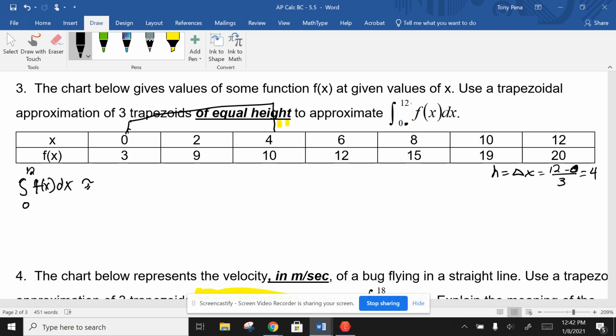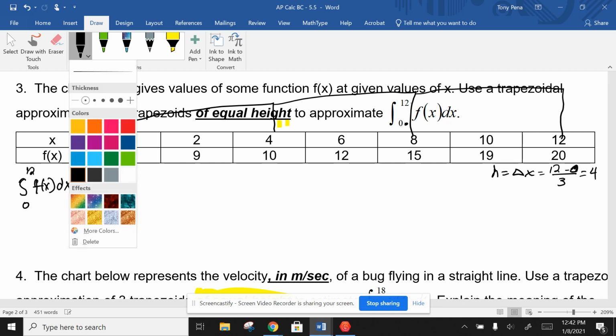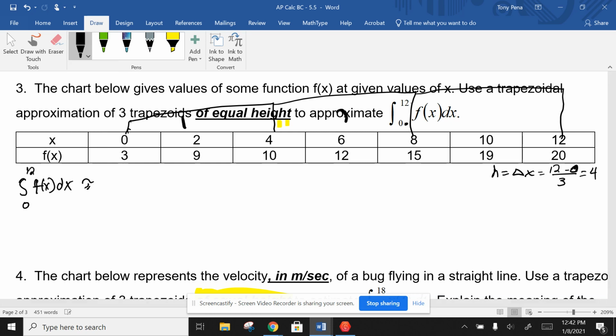If I go another 4, that takes me to 8. I'll make it look like a trapezoid again. And then the last one, I go over to 12. So here is trapezoid number 1, trapezoid number 2, trapezoid number 3. Just like we did with the graph on the front page, we would have hit our curve here, here, here, and here. So while we have 3 trapezoids, there are going to be 4 bases.